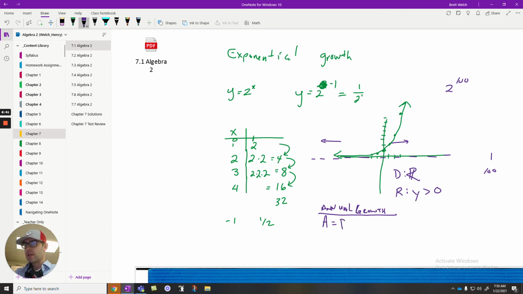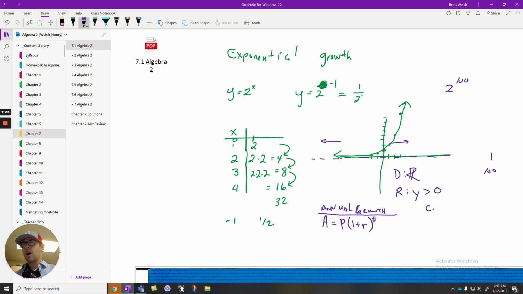But it equals the principal, which is the initial amount, times 1 plus the rate. Now the rate has to be as a decimal, so 5% is actually 0.05 here. All raised to the t as an exponent, t being time. Usually measured in years, but if we want to do everything per hour, we could do it in hours. But this is our growth formula.